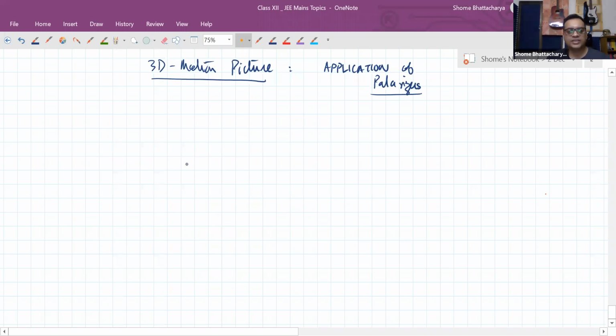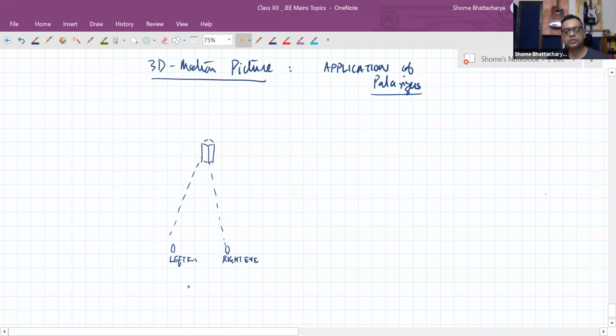So, for example, our vision is 3D because when we look at any object, we are seeing it from two angles. This is where our left eye is located, and this is where our right eye is located. So our brain is mapping together two separate images.